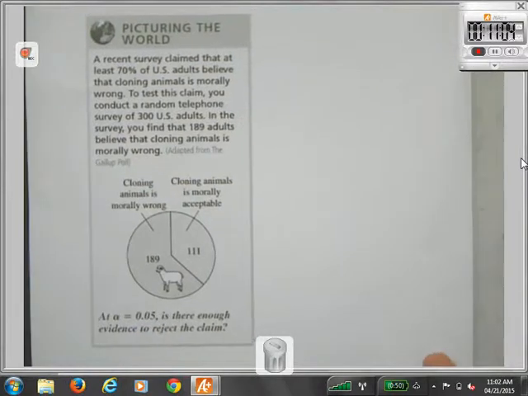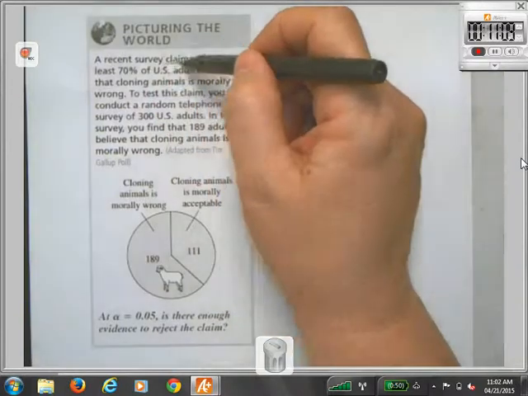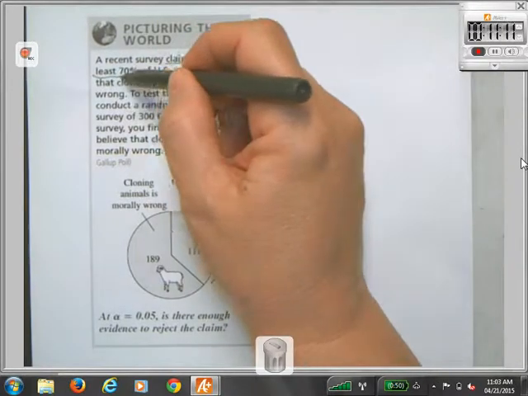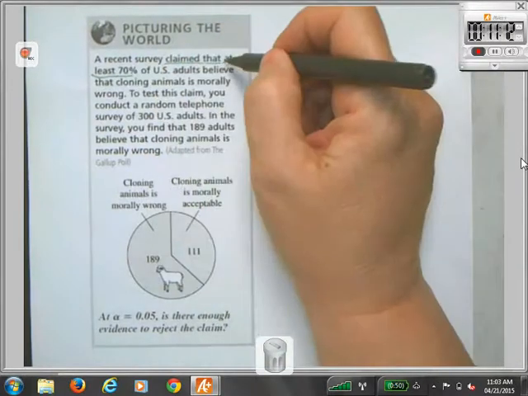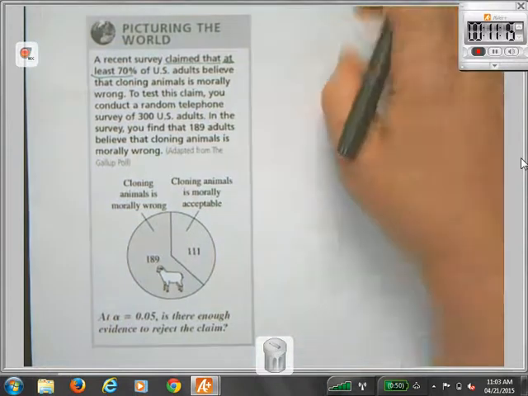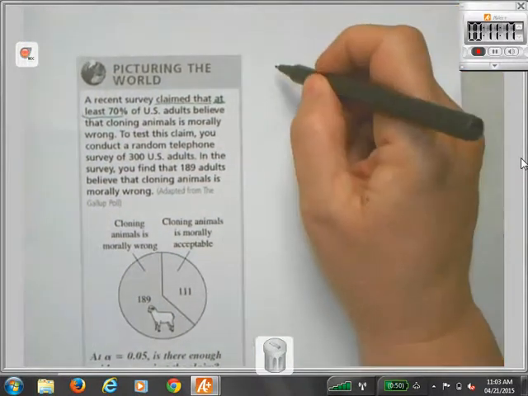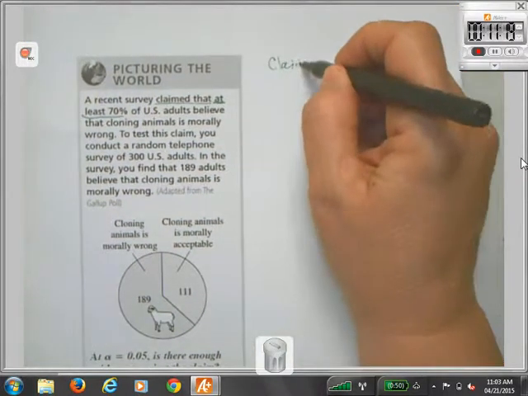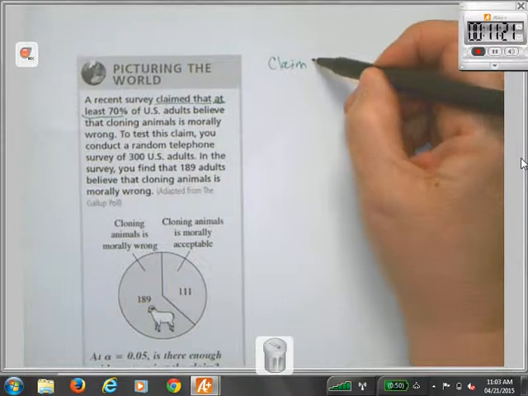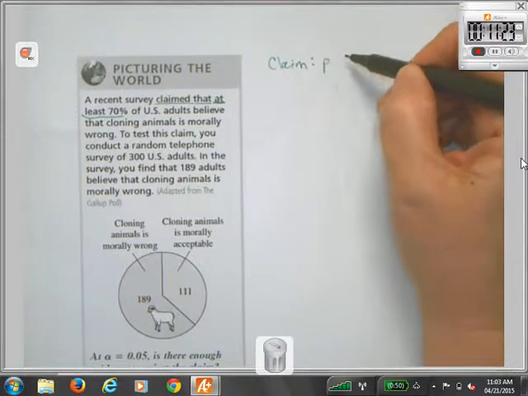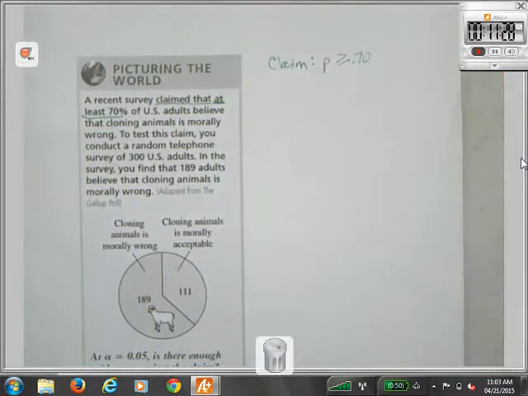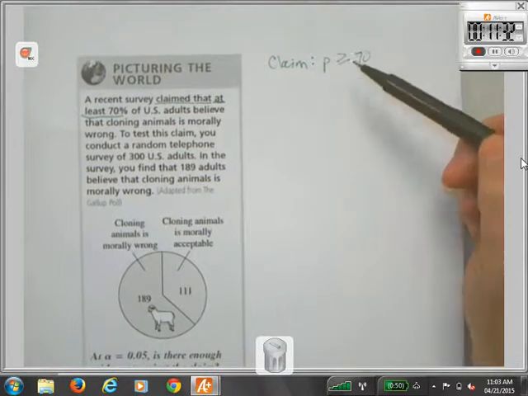Okay, so let's talk about that claim. A research survey claimed that at least 70%. At least 70%. What's the inequality that goes with at least? Very good. So the claim is that p is greater than or equal to 70%. Now the equal to sign is there in the claim.